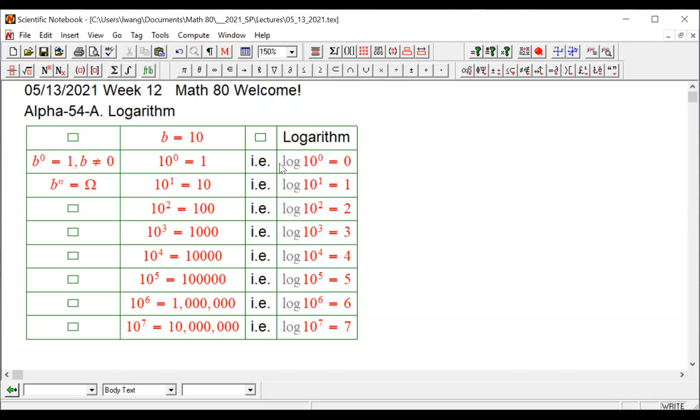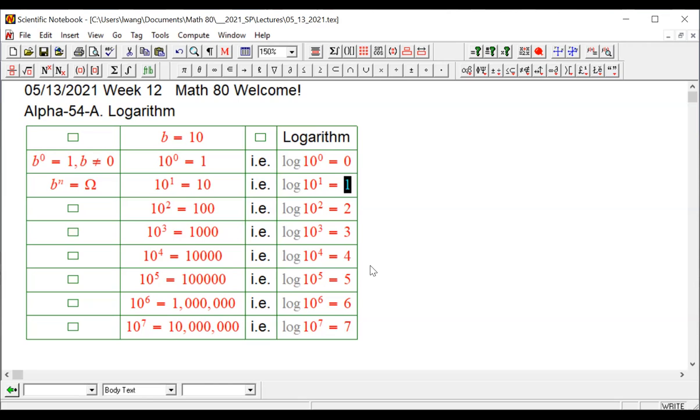In that case, the answer of common log 10 to whatever power just equals that power. So when the log base and the power base match, whatever the power, that's going to be the answer.